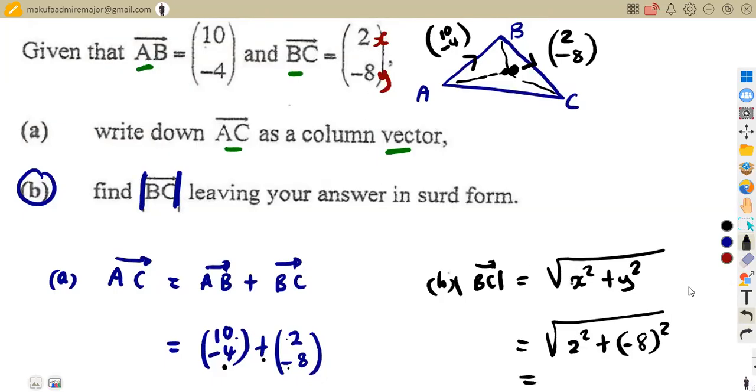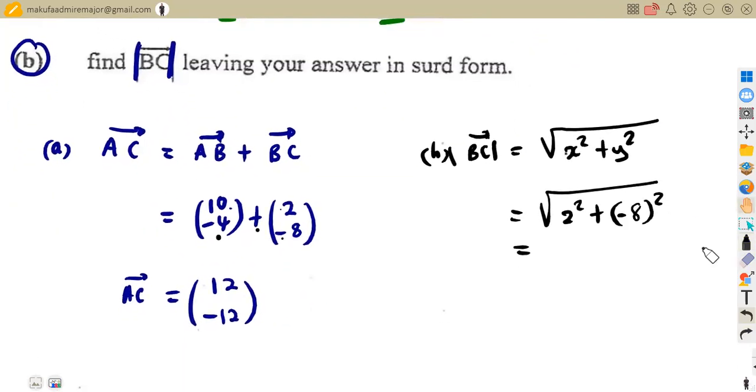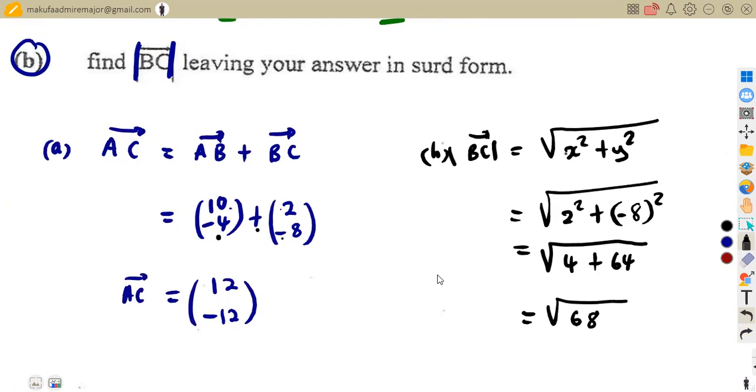So that is going to give us the modulus of our vector, which is the magnitude of vector BC, which is the length of BC. 2 squared, that is 4, plus -8 squared, that's -8 times -8, which is 64. You add the numbers here, you are going to obtain 68.